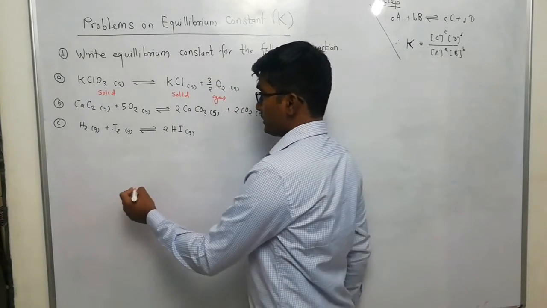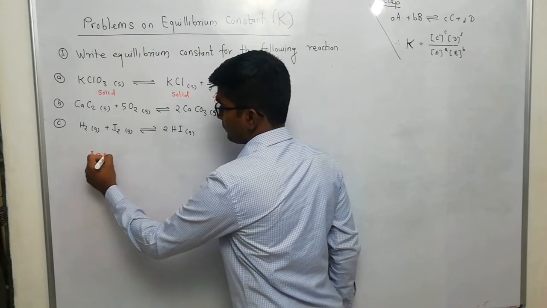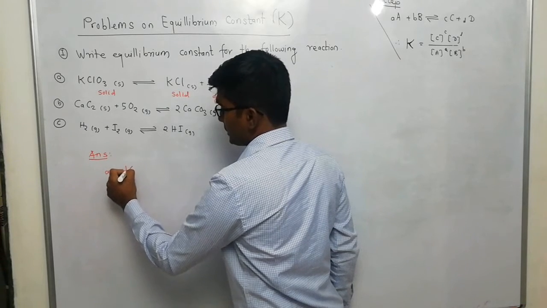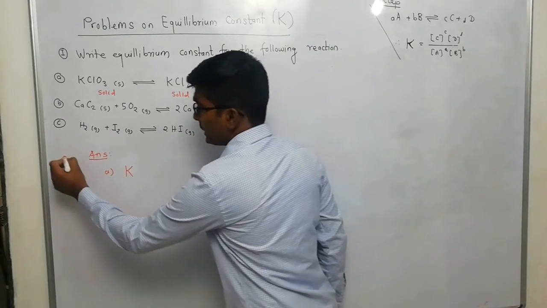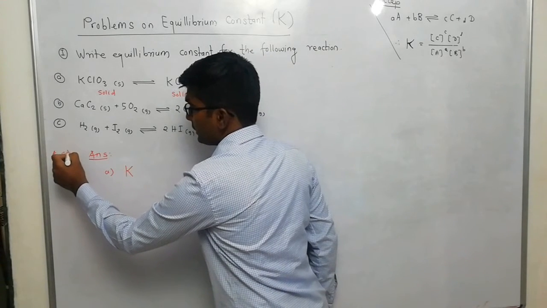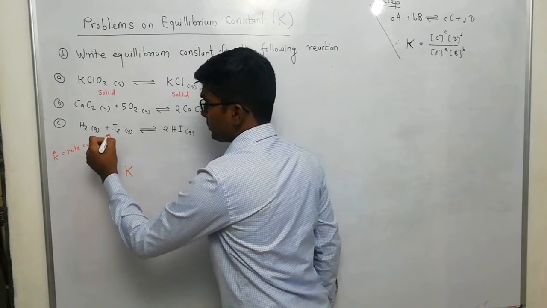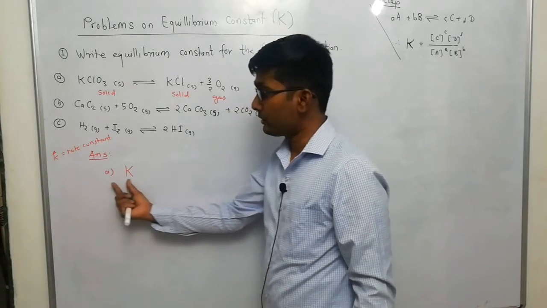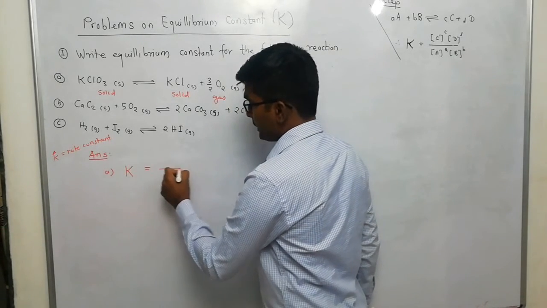Okay, so let us write down the answer for reaction A. The equilibrium constant is capital K; small k is for the rate constant. So remember this, do not confuse capital K and small k.